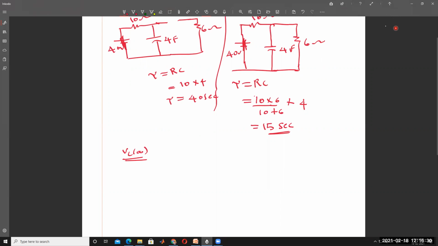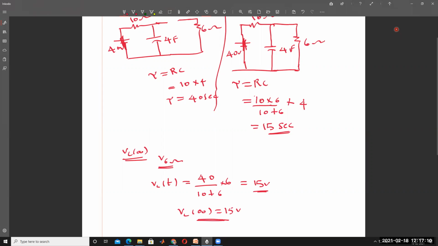That is, Vc of infinity is equal to 40 into, by the voltage division rule, 6 divided by 10 plus 6. So that is equal to 15 volts. This is called Vc of infinity, 15 volts.